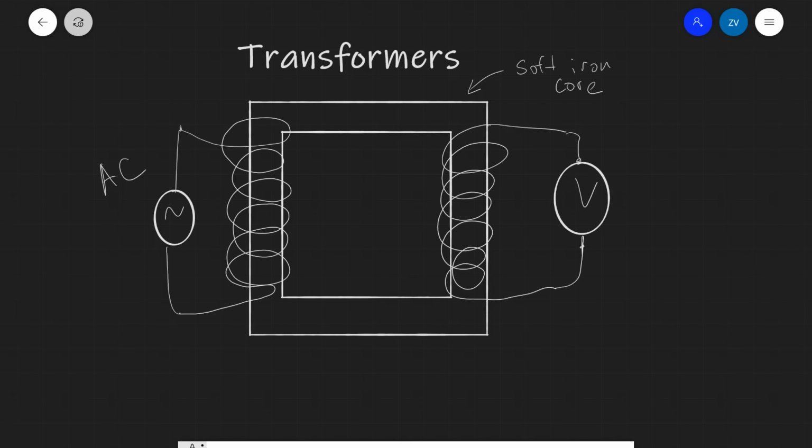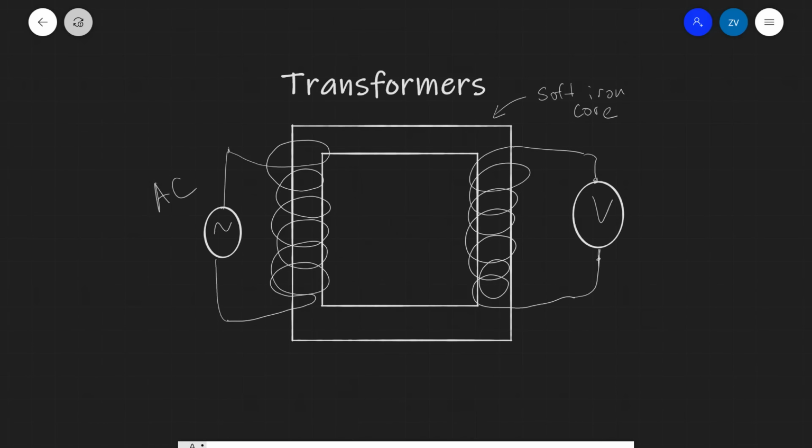Okay, well, how does a transformer actually work? First off, whenever we have AC current, we have current which is continuously changing direction. Over 50 times a second, the current is going this way, this way, this way, continuously changing direction. When that happens, the magnetic flux linkage that's being created by the electrical current is also changing.